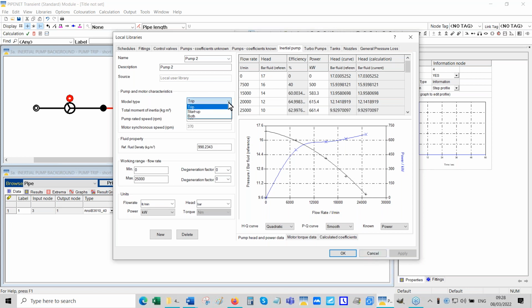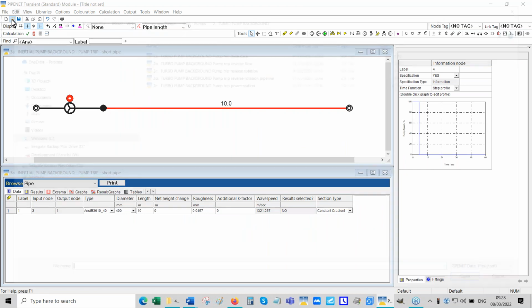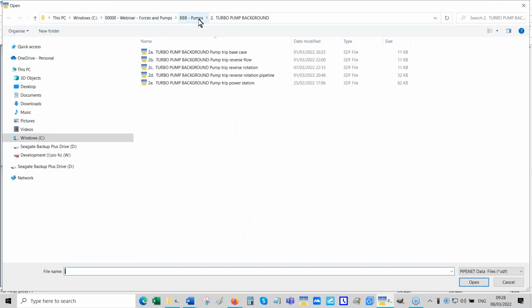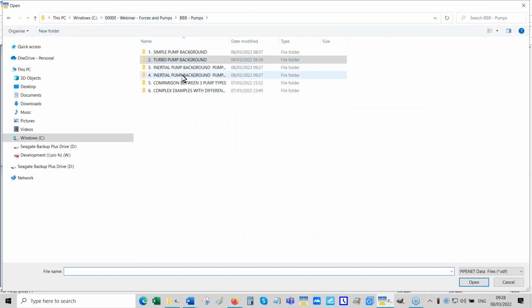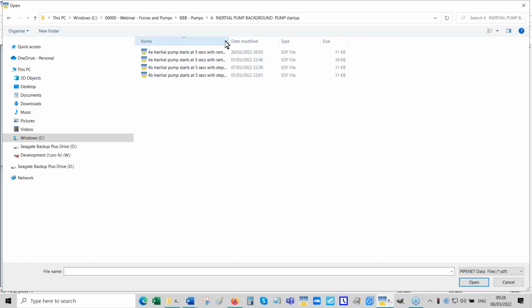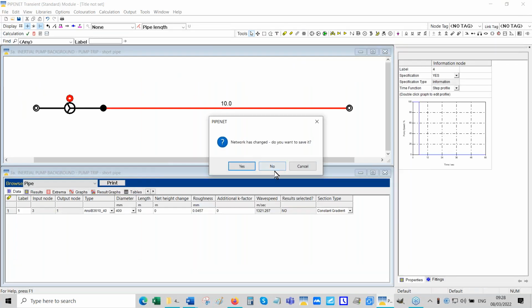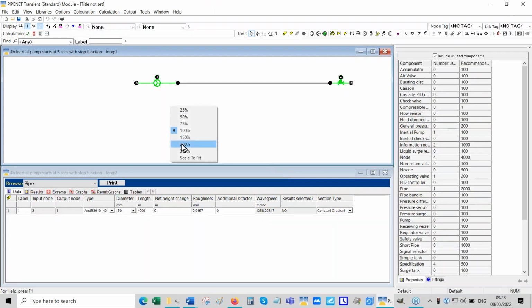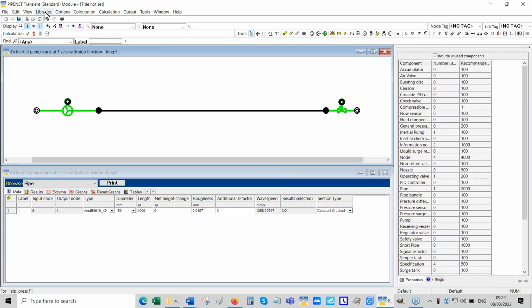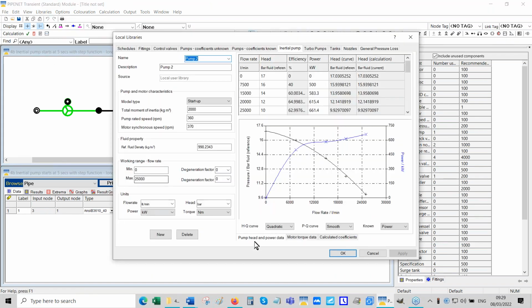And if you have the startup mode, let me open the startup data file and then it'll be clearer. The inertial pump.